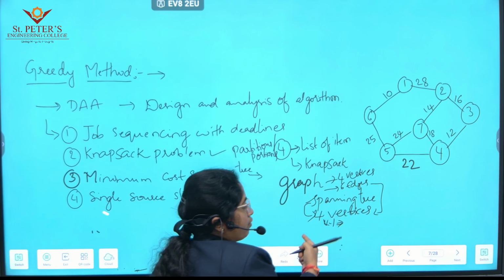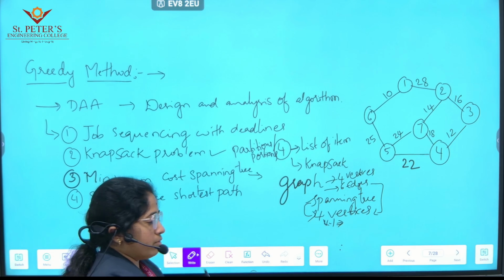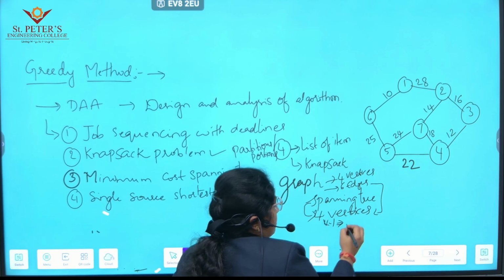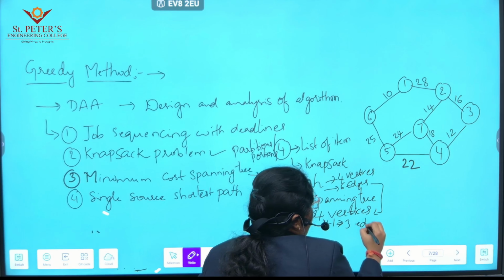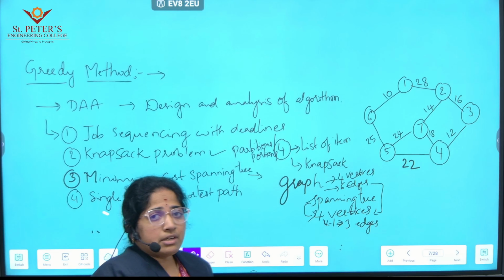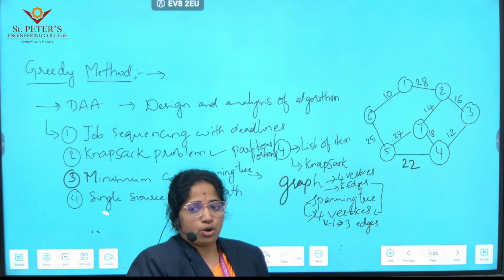Here we have 4 vertices, so 4 minus 1 is 3. When I draw a spanning tree, I should get only 3 edges. Then I need to find out whether it is a least cost spanning tree or not.